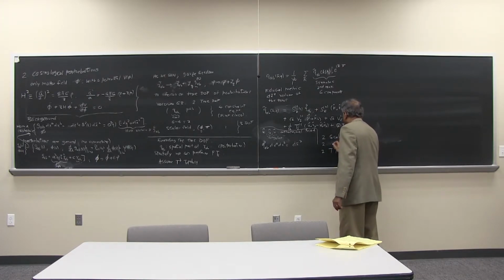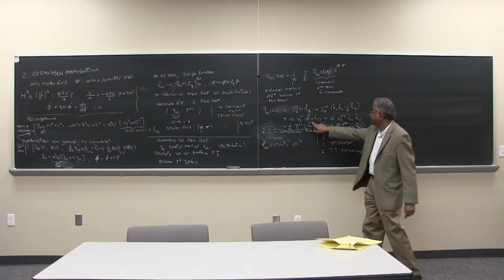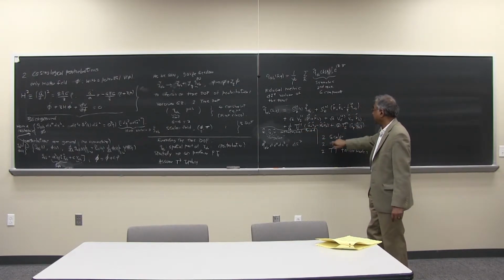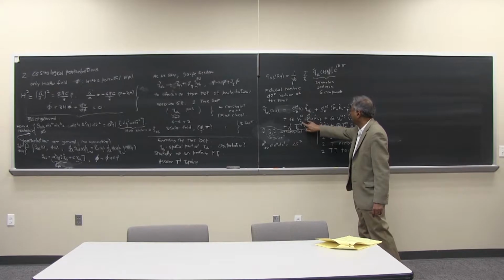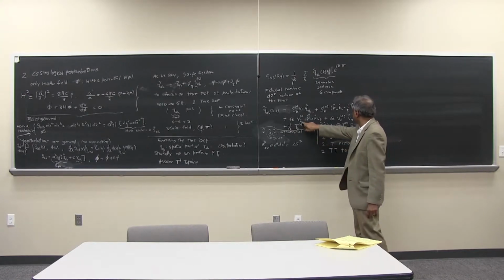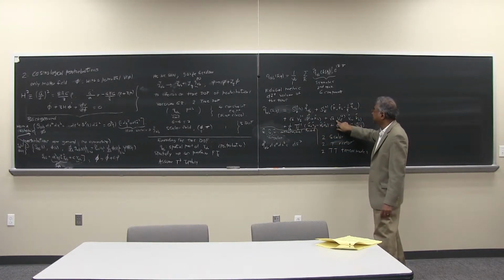The vector modes are also transverse in the sense that this v hat, u hat times k, u hat times v is for the vector. I hope it is not confusing. Here v is for the vector.